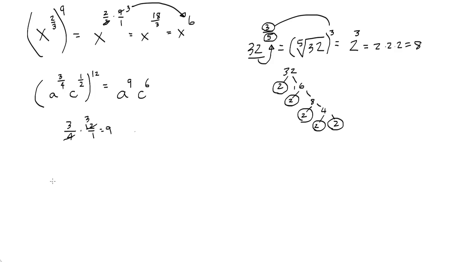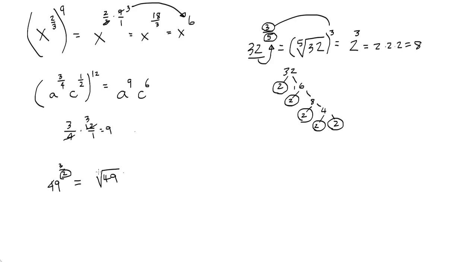How about we do 49 to the 3/2 power. Okay, we're going to write it as a radical. 49 goes under my radical. My denominator is 2, which means we're dealing with a square root.